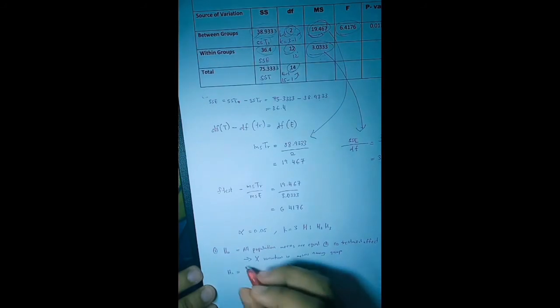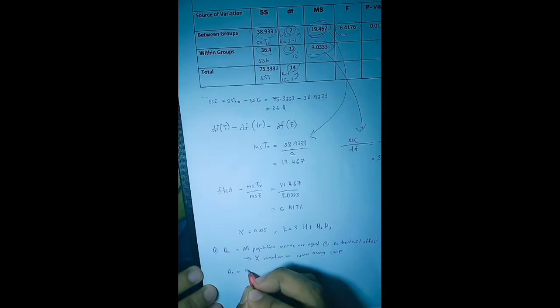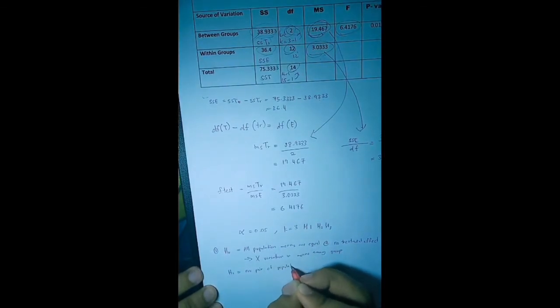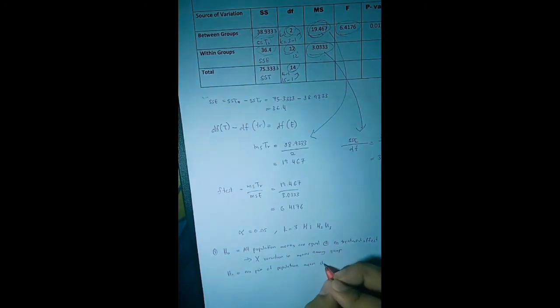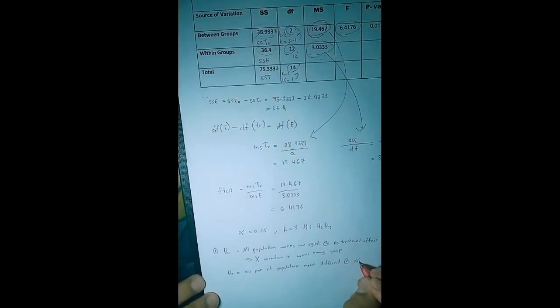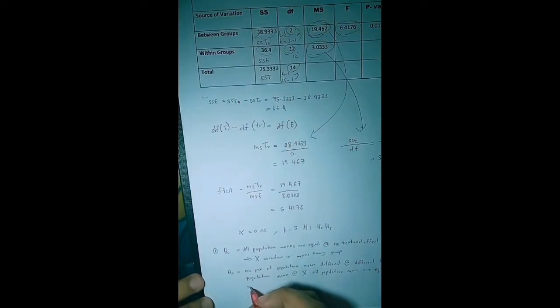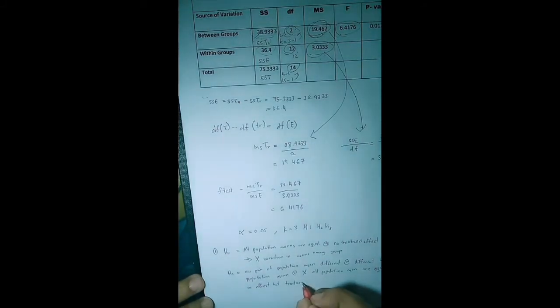There will be at least one pair of population means that are different, or there are differences between population means, or not all population means are equal, or there is an effect between treatment 1, treatment 2, and treatment 3.